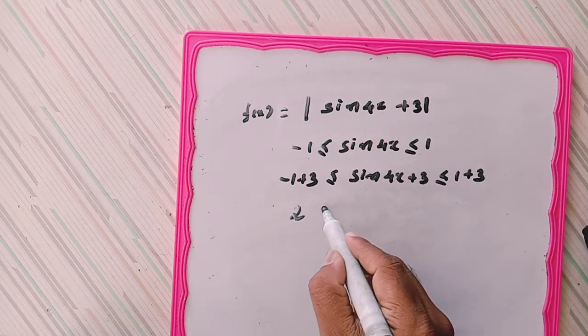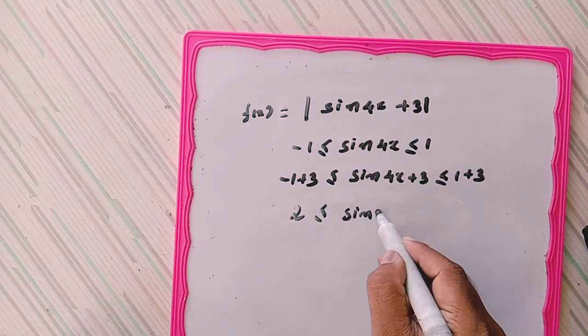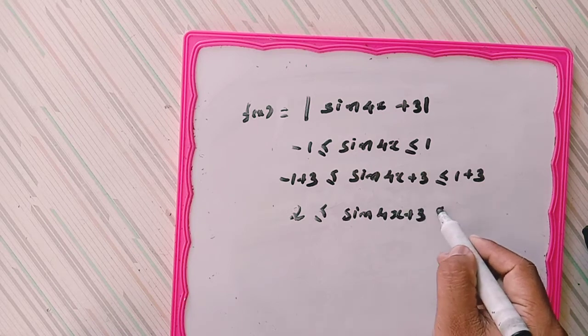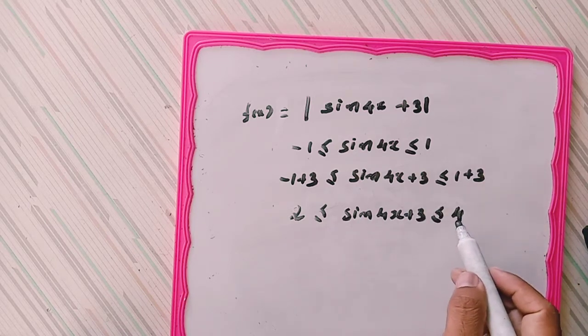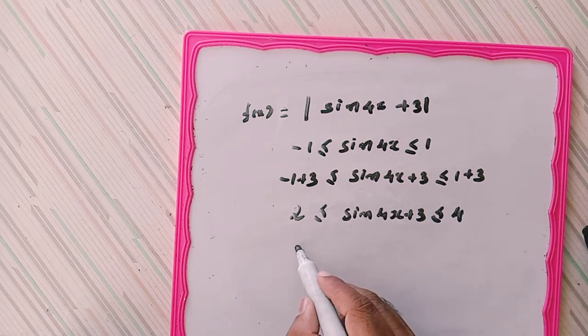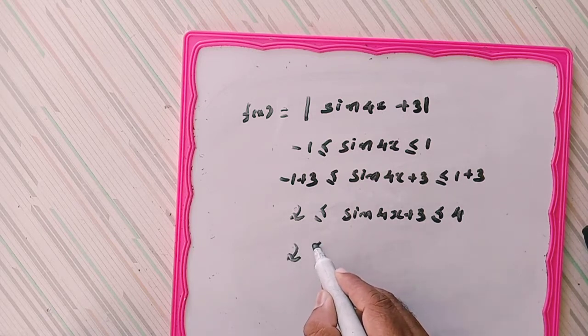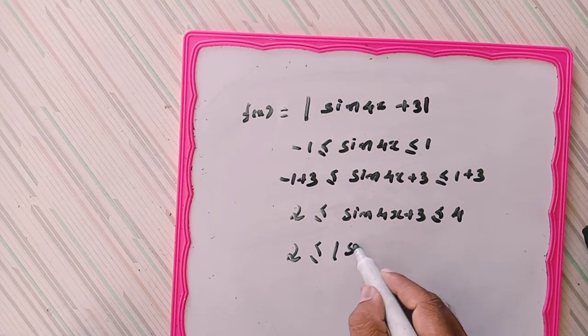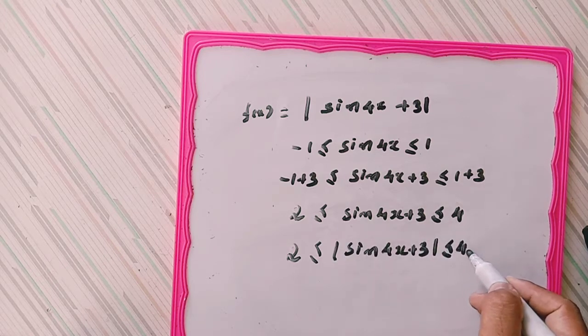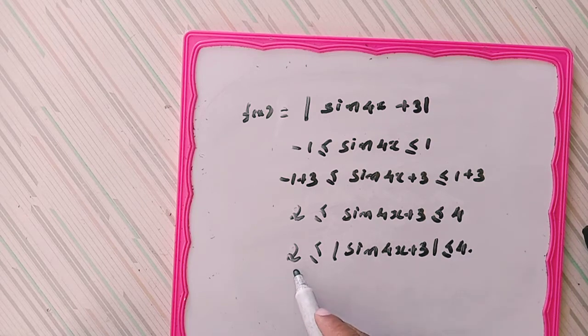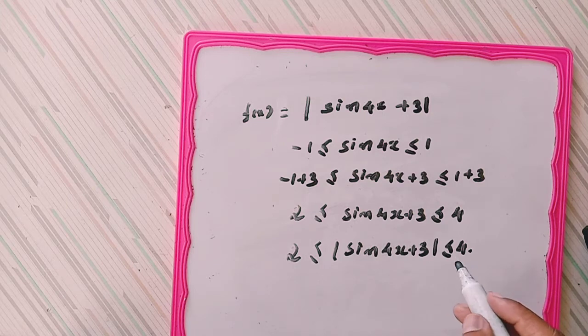So 2 less than or equal to sin 4x plus 3 less than or equal to 4. So here the modulus of the positive values between 2 and 4 will remain positive only. And so 2 less than or equal to modulus of sin 4x plus 3 less than or equal to 4. And so the minimum value of the given function is 2 and maximum value is 4.